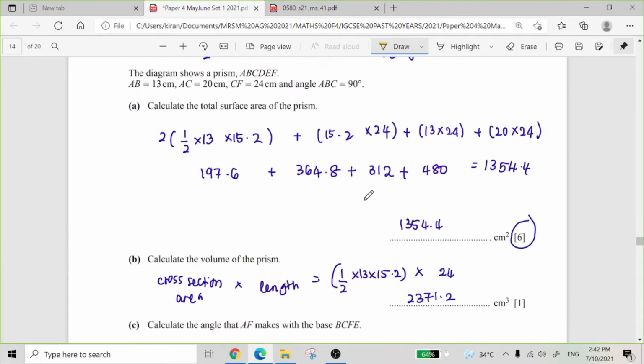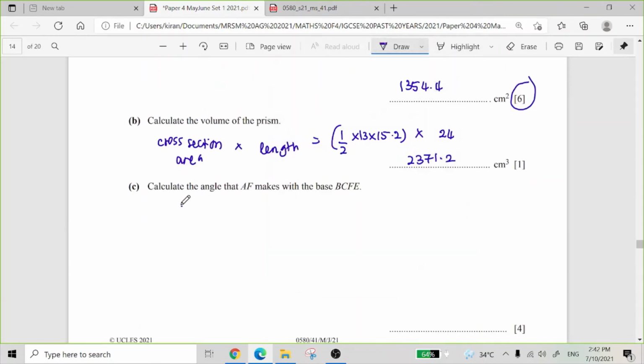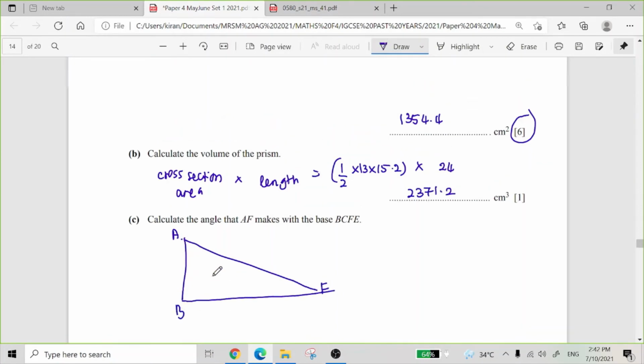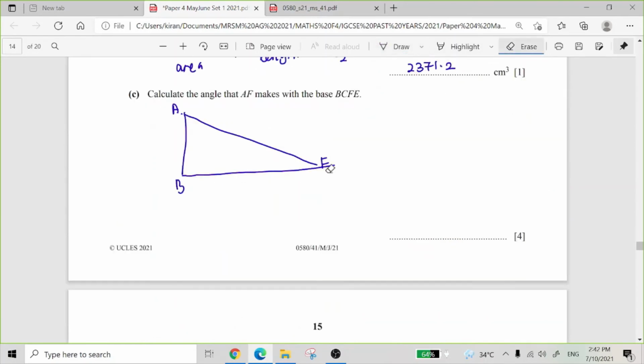So when you draw the triangle to make it easier to calculate the angle, we have AF, and the base here is BF. BF, not boyfriend, okay?